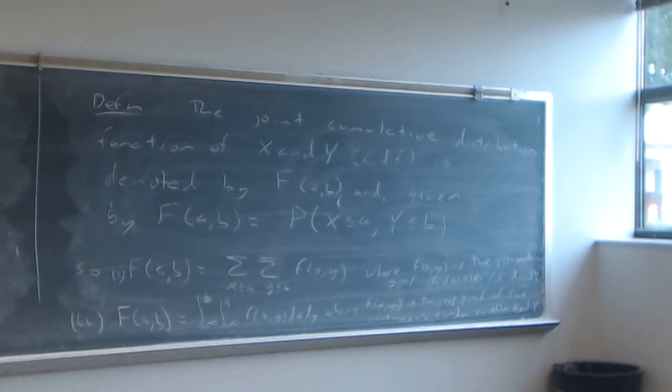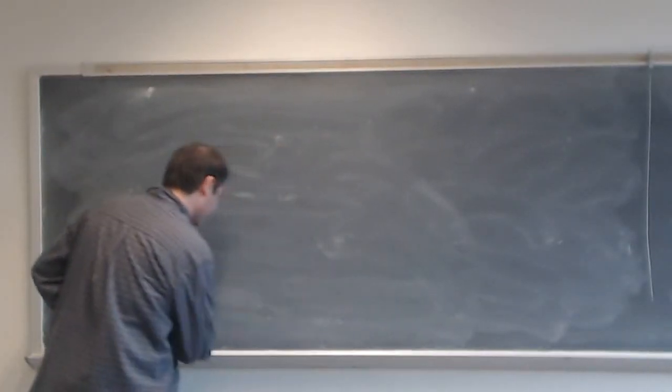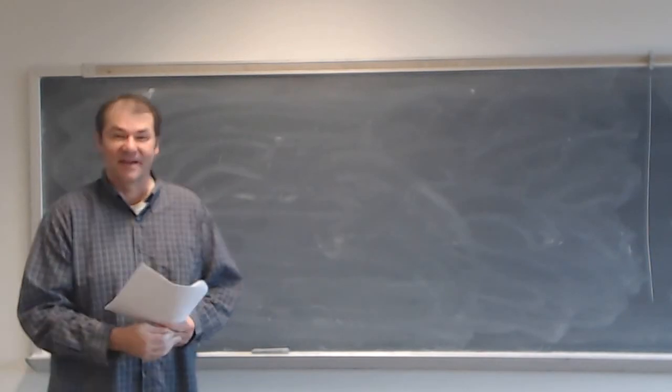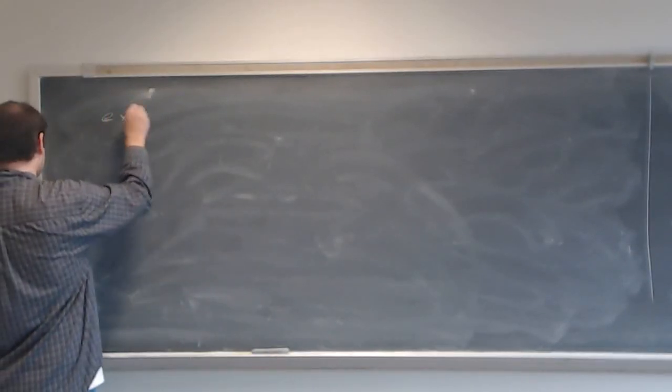So for the remainder of the class, we're going to look at an example of calculating the CDF. It's going to be for the discrete case. So here's the example.